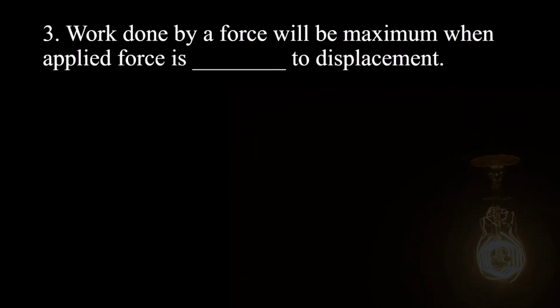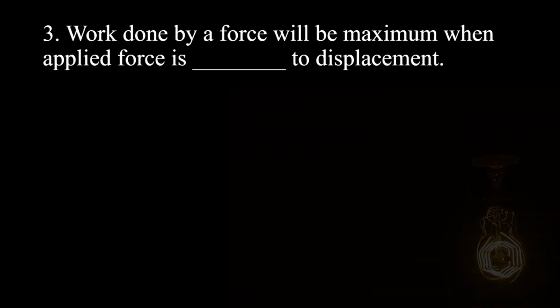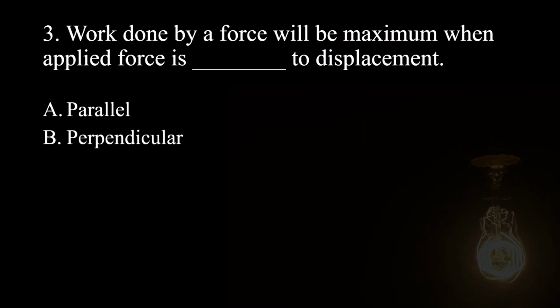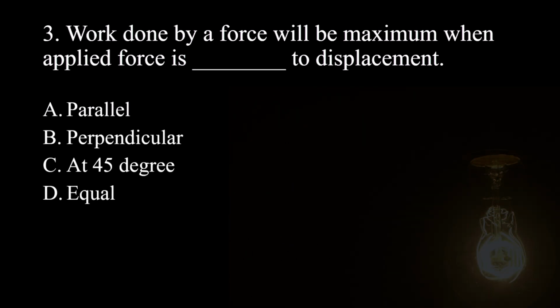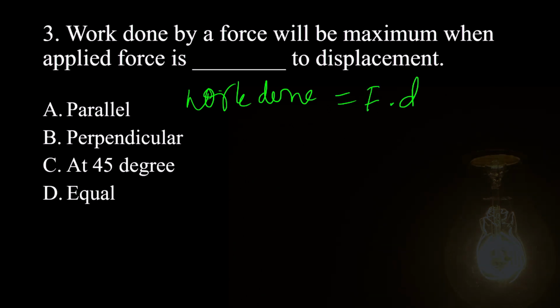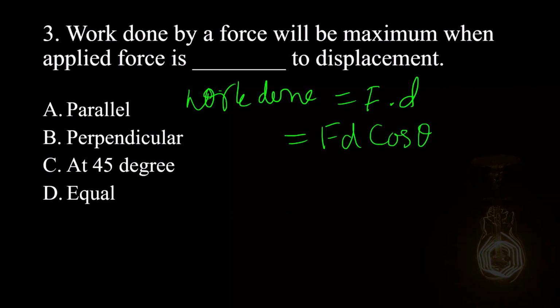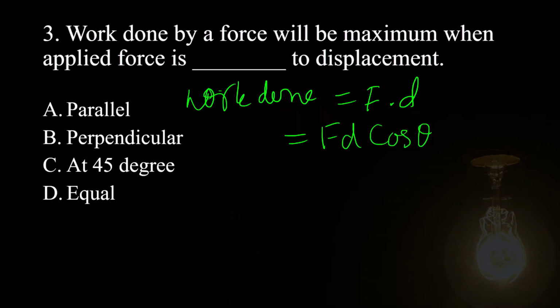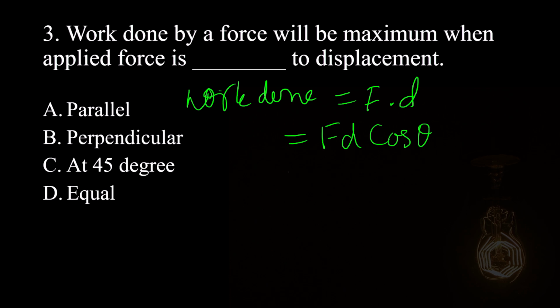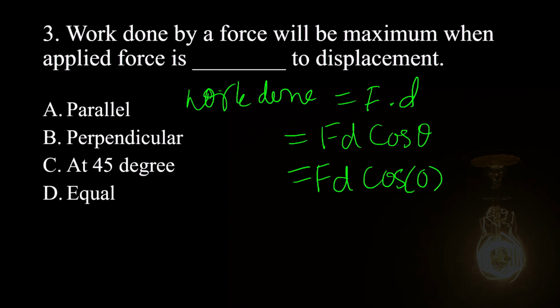Work done by a force will be maximum when the applied force is dash to displacement, and the options are parallel, perpendicular, 45 degrees and equal. By the definition of work done, we know that work done is the dot product of force and displacement, and when we open this dot product, there will be a trigonometric ratio, that is cos theta, and cos theta gives you the maximum answer at 0 degrees.